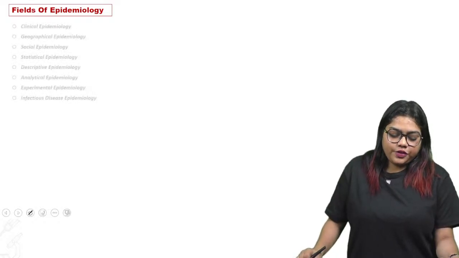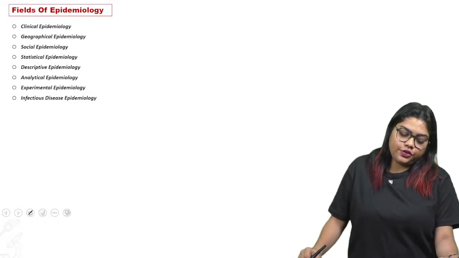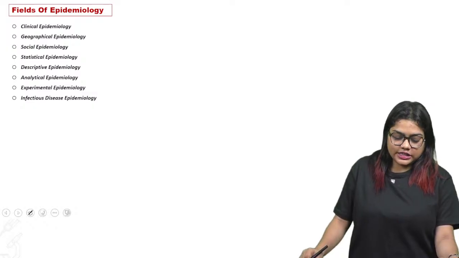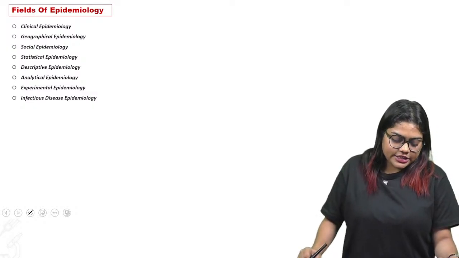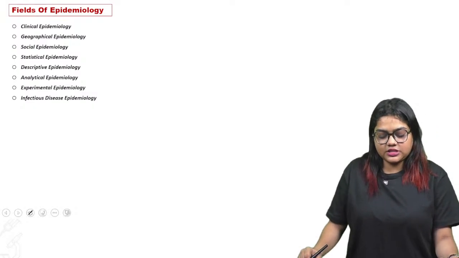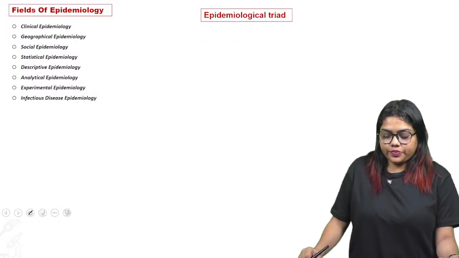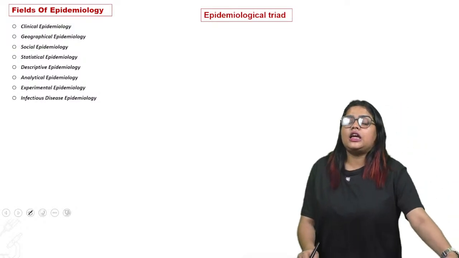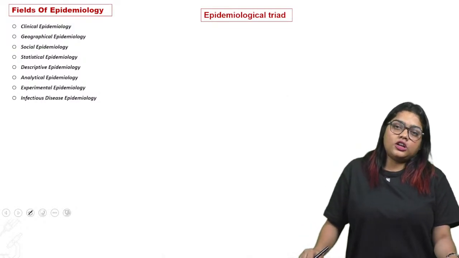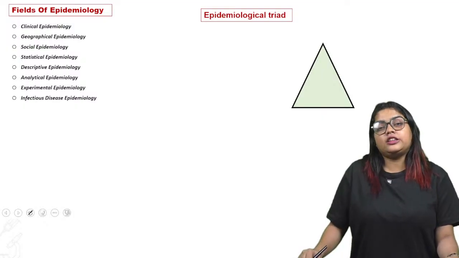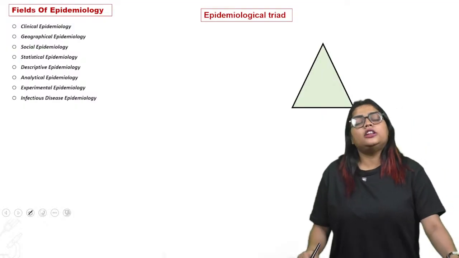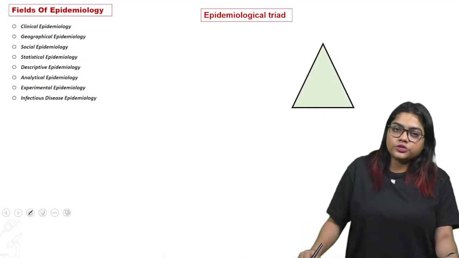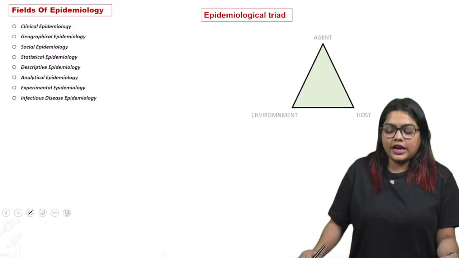Now there are different fields of epidemiology, which are clinical, geographical, social, statistical, descriptive, analytic, experimental, and infectious disease epidemiology. Now to know epidemiology, we have to understand the epidemiological model, which is also called the epidemiological triad. It is a triangular model where three components are present: agent, host, and environment.